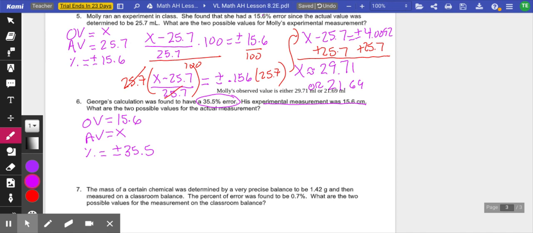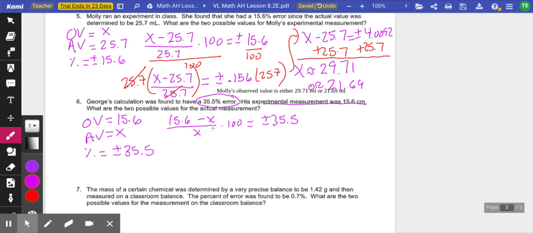Okay, so we have to build our equation again. 15.6 minus x over x times 100 equals plus or minus 35.5. Okay, now this one's going to be a lot more work because we have x in the top and we have x in the bottom. So this is probably the hardest type of problem you get in these.